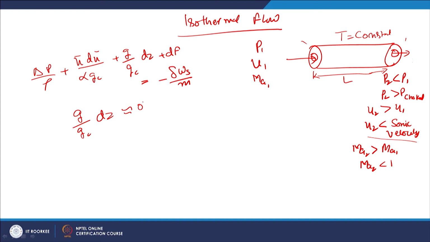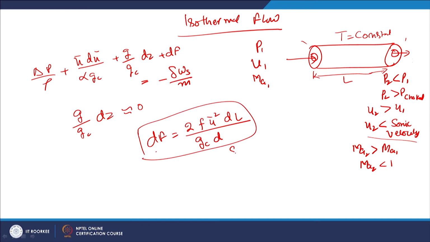Now we may assume a straight pipe without any valve or fitting, so df is equal to 2f ū² dl/gc D. This is for the straight pipe without any valve or fitting. If there is no mechanical leakage, then delta Ws is equal to 0.